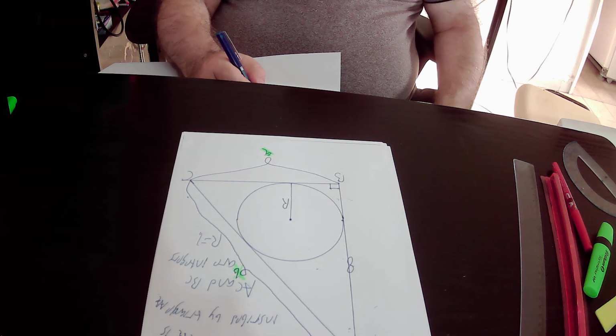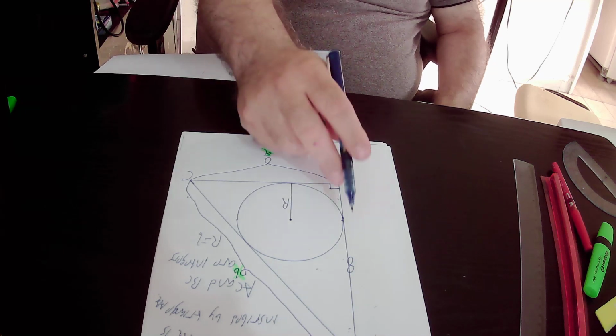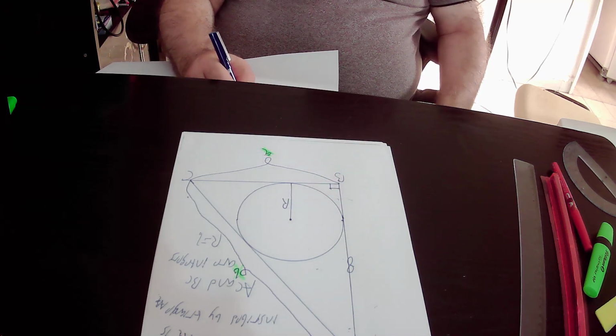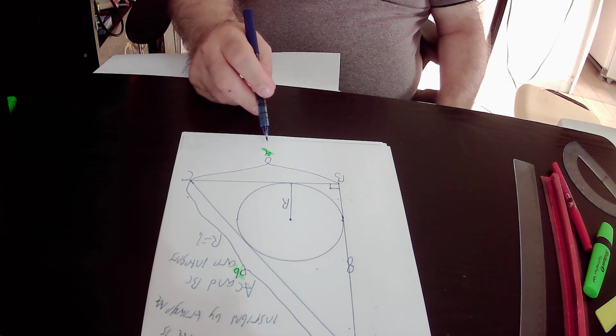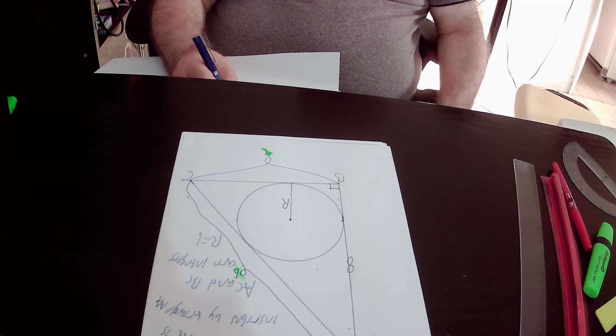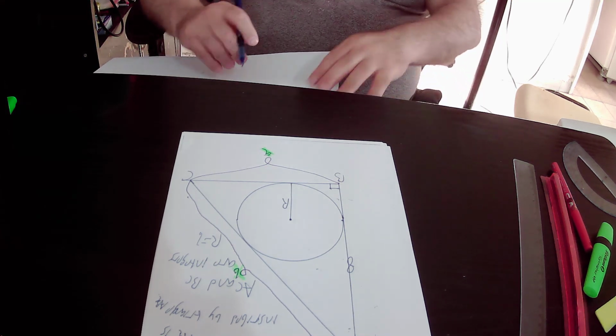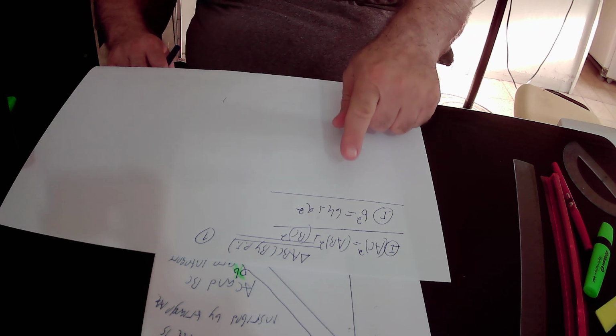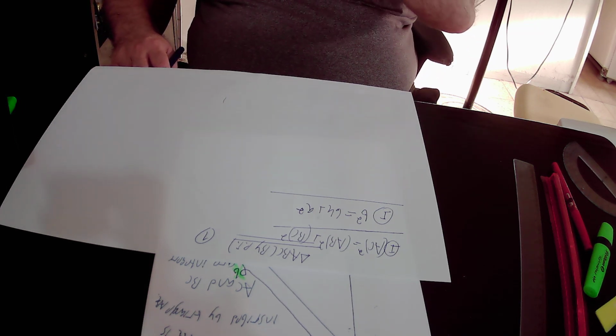That is equal to AB squared. AB is 8, so AB squared is 8 squared, that is 64, plus BC squared. BC equals A according to our definition, so BC squared is A squared. In conclusion, we found that according to equation number 1, B squared equals 64 plus A squared.